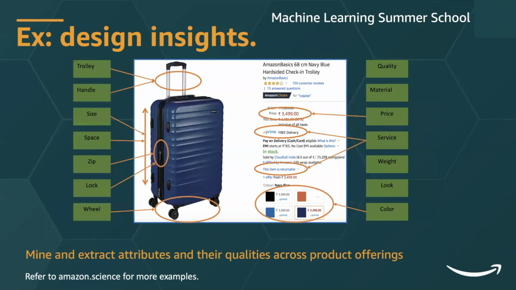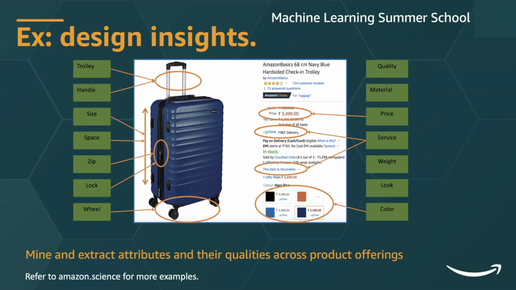Design insights. The Amazon product pages typically contain a lot of information, and it is sometimes not the information that the customers are looking for. They'll have to browse the detailed pages and maybe even read the reviews if they want to understand what customers who have used these products think of them.